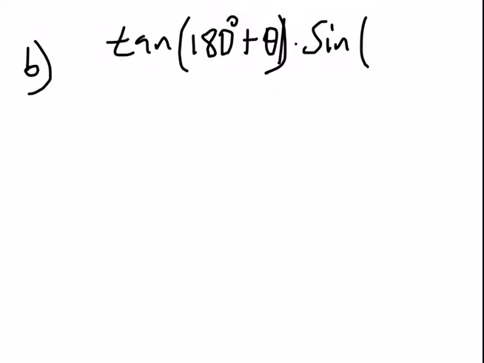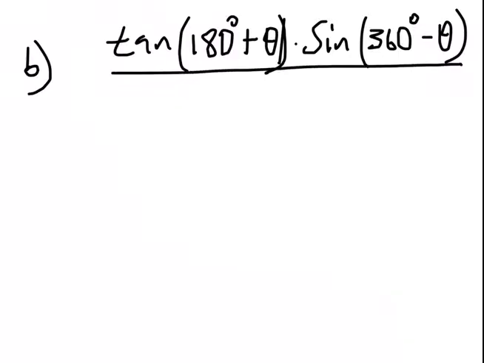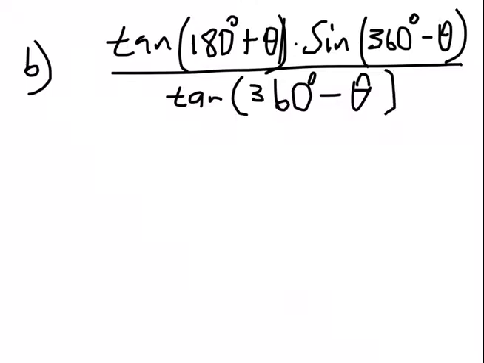Okay, so we just add here. I can just say sine of 360 degrees minus that, and then I will divide it, and let's see, we will say tan of 360 degrees, and this time around let's minus an angle there. Okay.